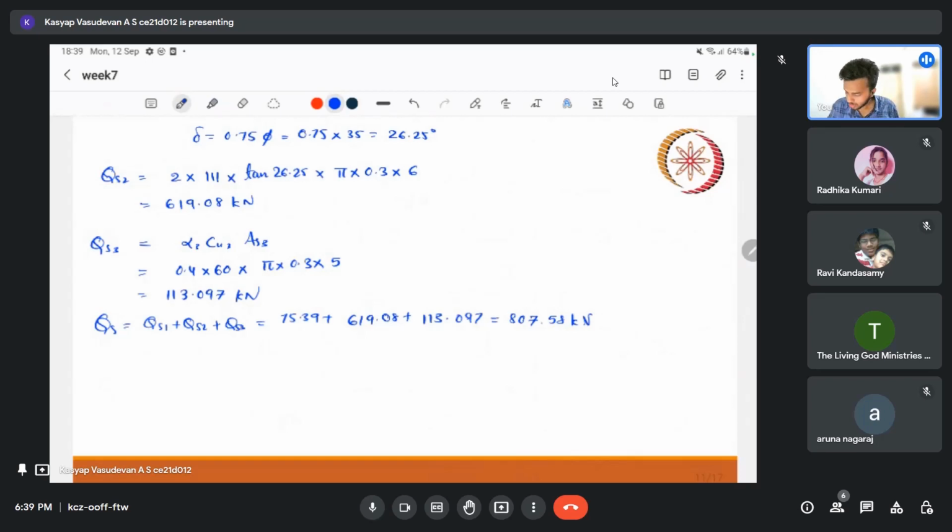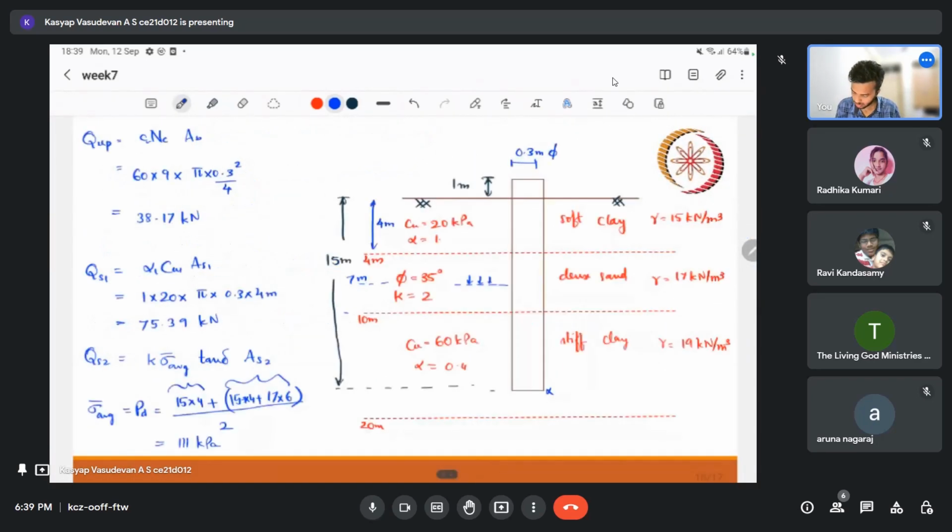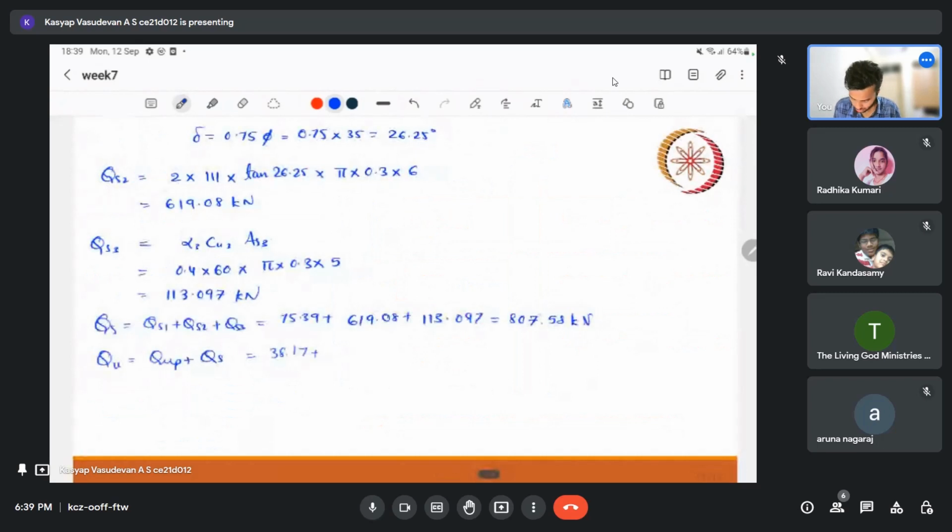So we have the shear resistance, and we can find the final Qu equal to Qup plus Qs. Qup was 38. See how small that value is compared to the shear resistance. So we have 807.58, and this will be 845.75.